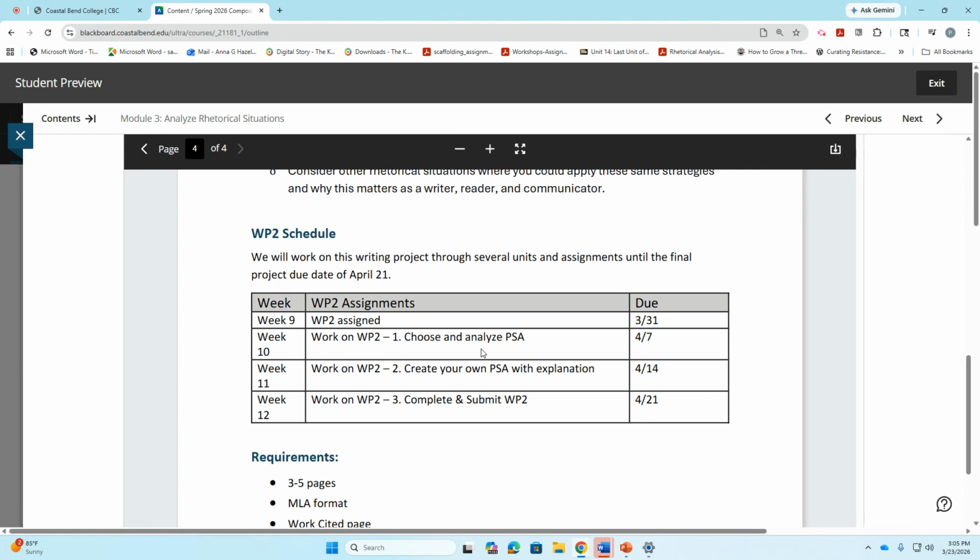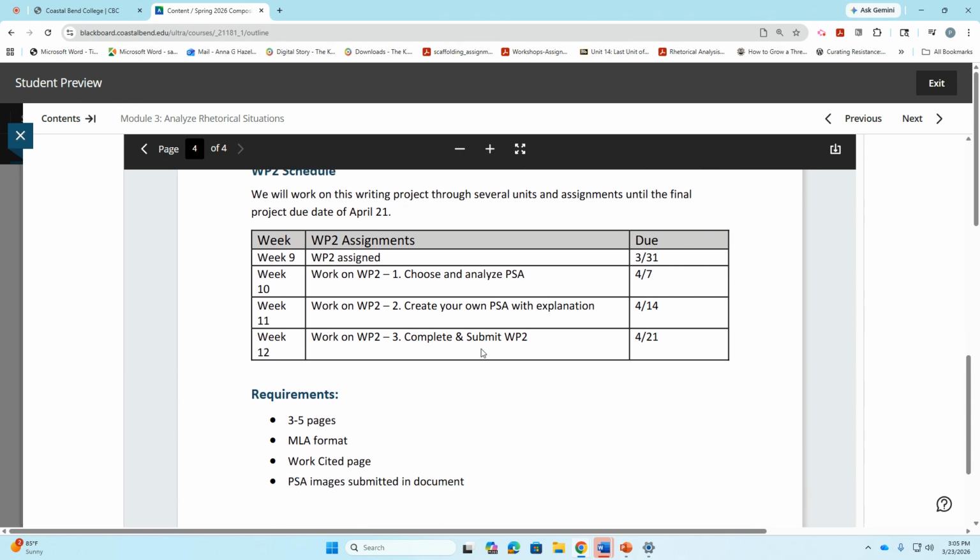And then in week 12, that's where you put it all together, and then you start thinking about checking your thesis statement, making sure you have your citations in place, making sure you have included your images in the right way, and putting all these things together in one document. Okay, and the requirements at the end.